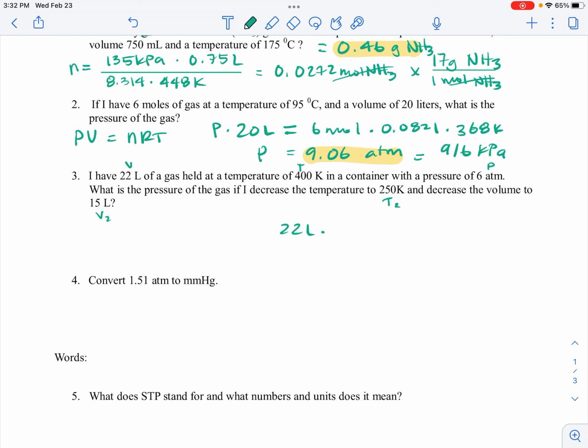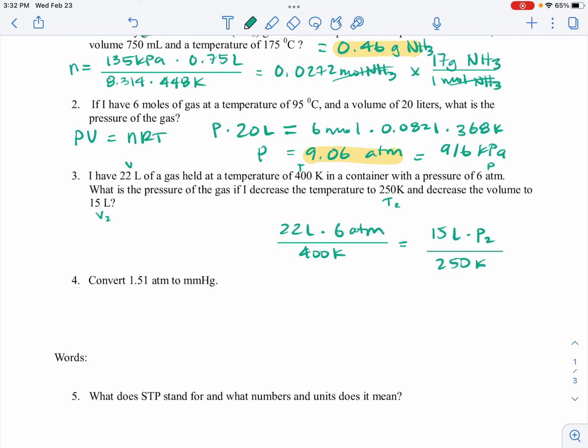First pressure is 6 atmospheres. First temperature is 400 Kelvin. Next, I've got the other side: 15 liters for my new volume, solving for a new pressure, and my new temperature is 250 Kelvin.